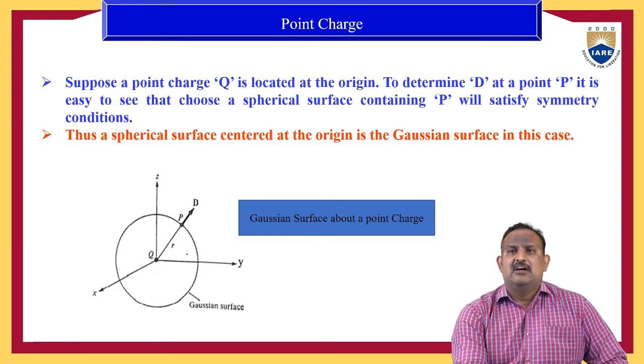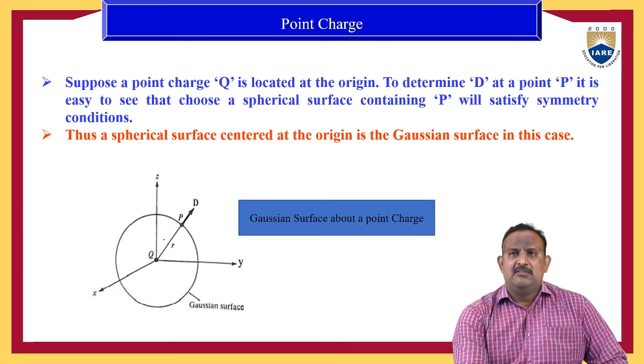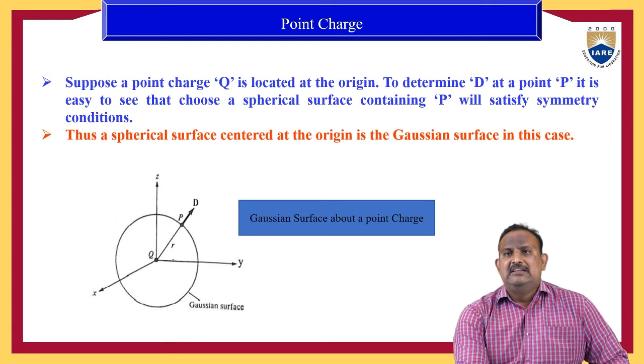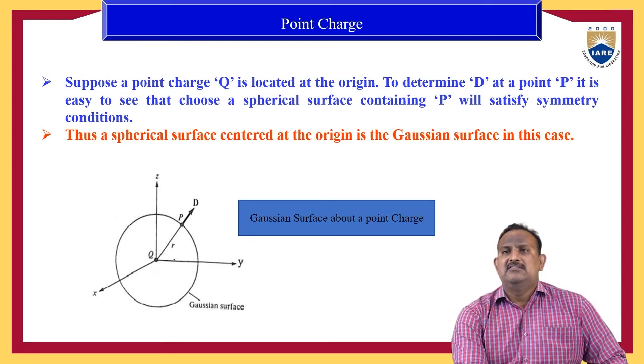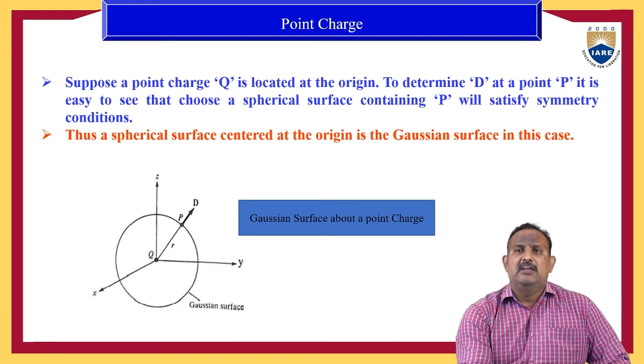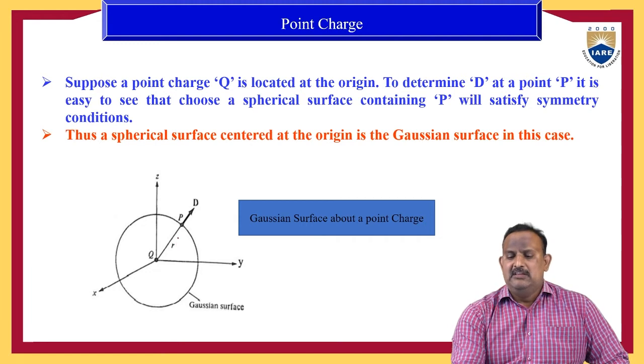Then the third one, we need to check whether D is normal to the surface or tangential to the surface. Here D is normal to the surface at any point on the circle. So when D is normal to the surface, we can apply the Gauss law.